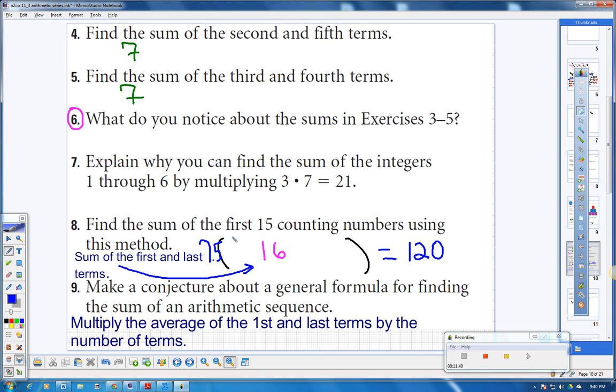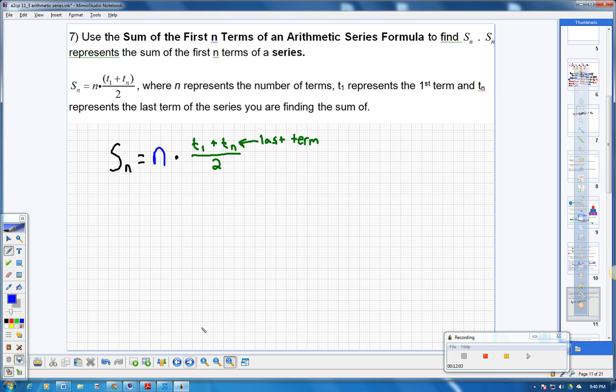Now, really, what we're trying to guide you to is that for the general formula, you multiply the average of the first and the last terms by the number of terms. That really doesn't match up real well with number 8 and number 7 and what you were thinking, but that does match up with the formula for the sum of the first n terms of an arithmetic sequence, right?